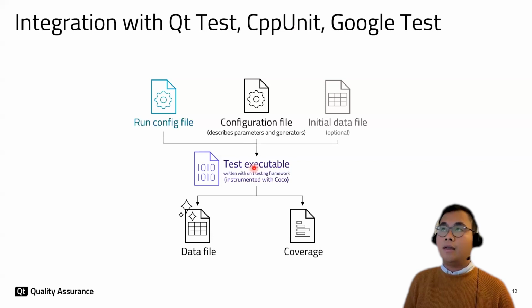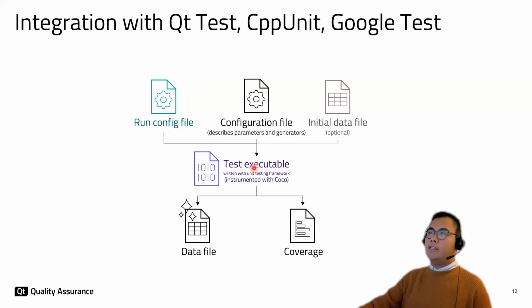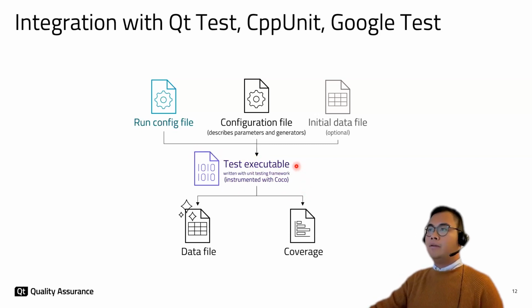Another feature that Coco Test Engine has is the integration with Qtest, CPP Unit, Google Test, and other unit testing frameworks. The only difference is that instead of having a driver tool, the test executable will be written using the unit testing framework, and it will be instrumented with Coco.